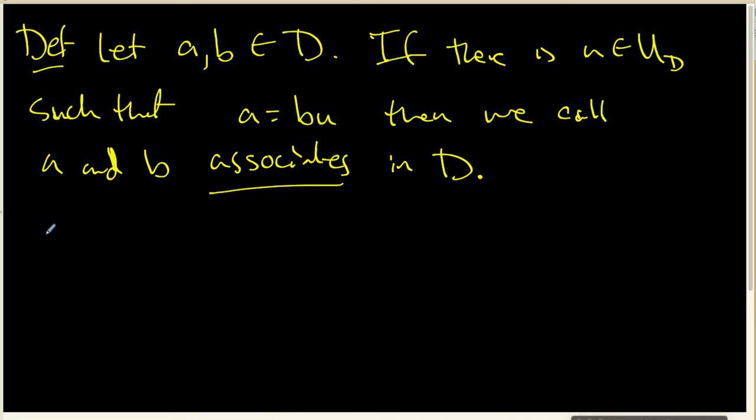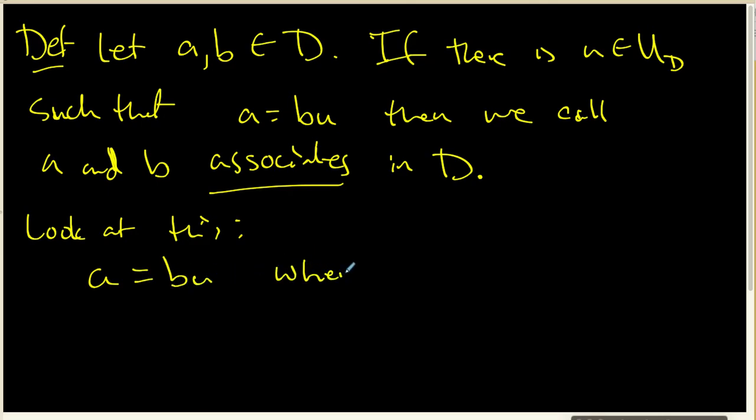Now, there's another thing that I want to note here that's very important. We have A is equal to B times U, where U is a unit.